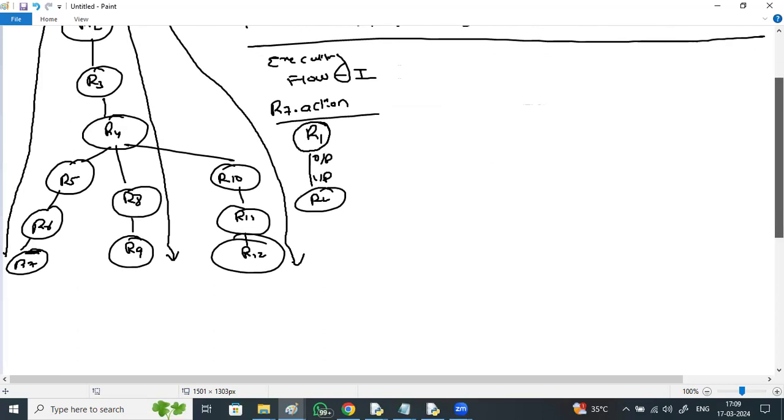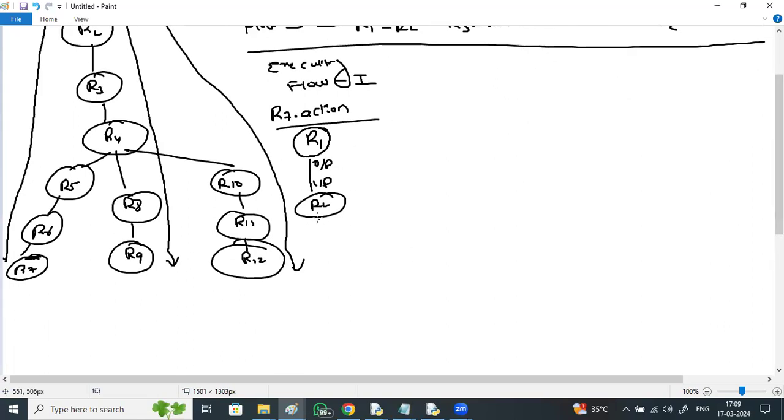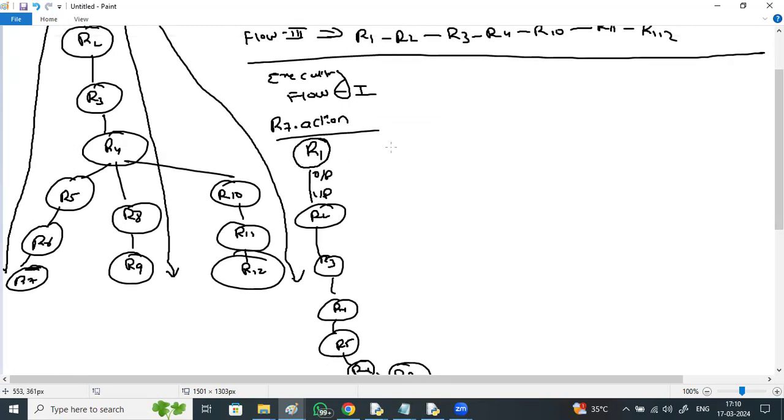R1 to R2, R2 to R3, R3 to R4, R4 to R5, R5 to R6, R6 to R7. Now observe here. When R1 execution completed, the output is collected by R2. When R2 is loaded and computed, R1 gets removed from the RAM.